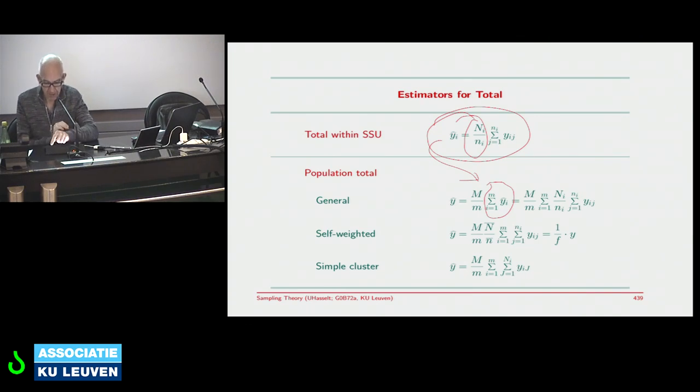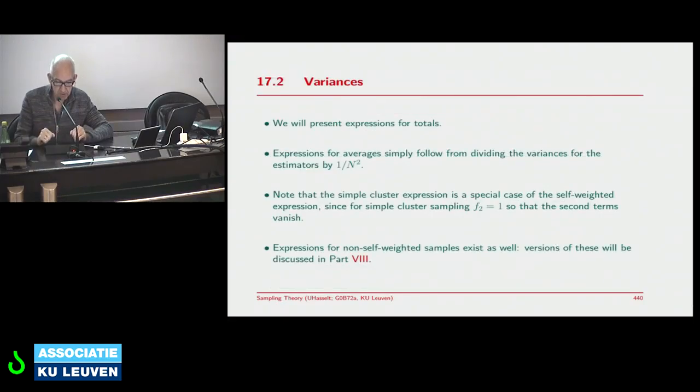And then once I have that, in the self-weighting case or in the simple cluster case, I can simplify matters a little bit. My formulas would indeed simplify. Clearly, no need to know these families by heart. Just know that they're there and that the software packages do implement them properly indeed.